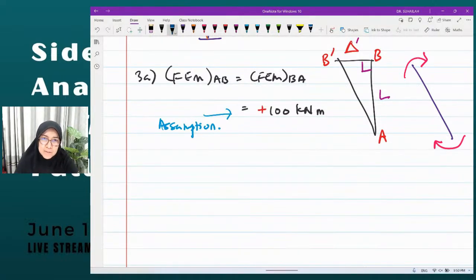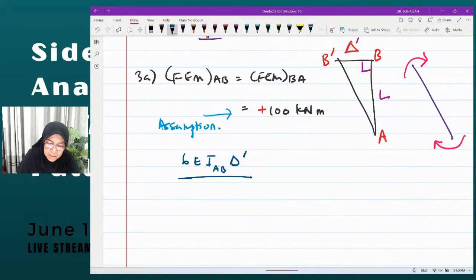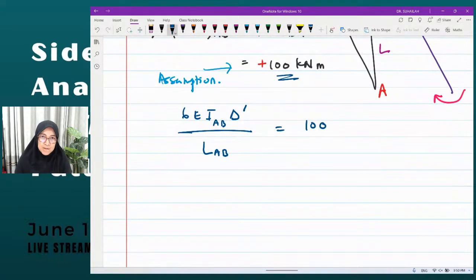The formula to calculate FEM AB is 6 E I AB, 6 EI delta prime over LAB squared, and this is equal to 100.